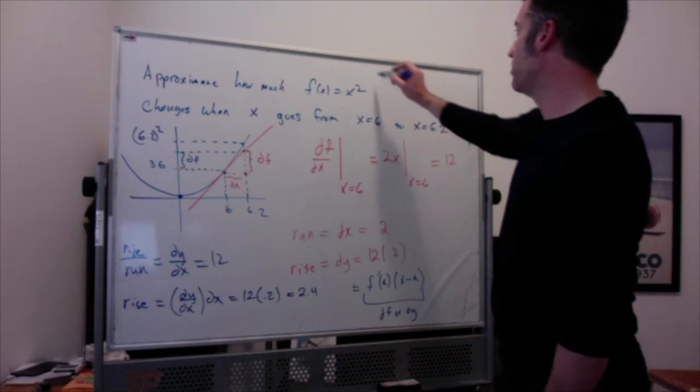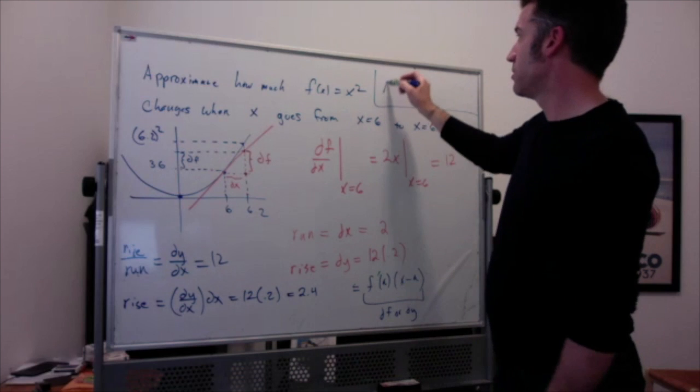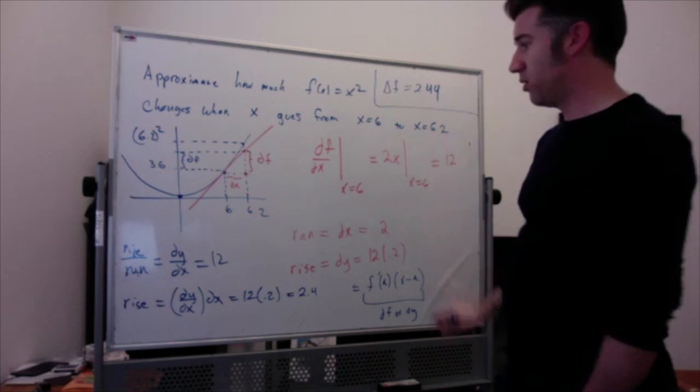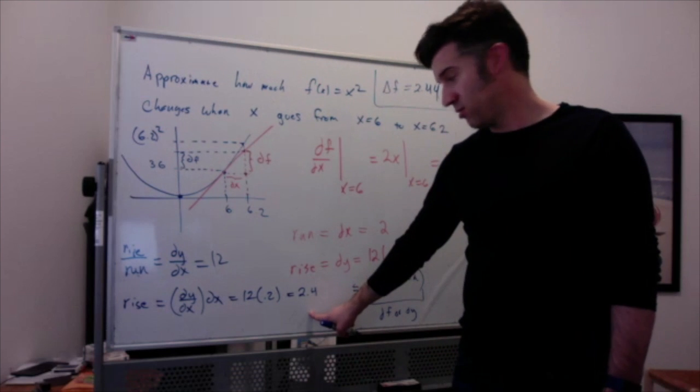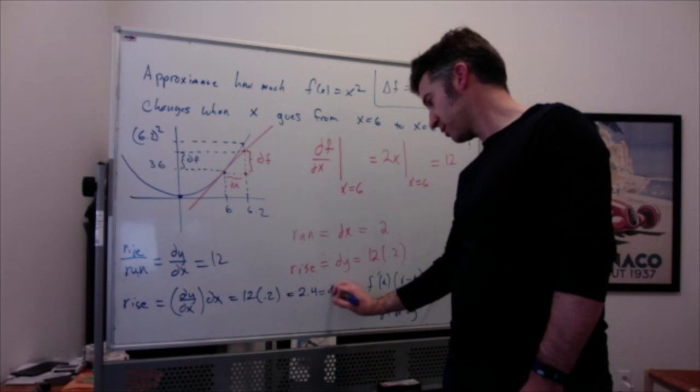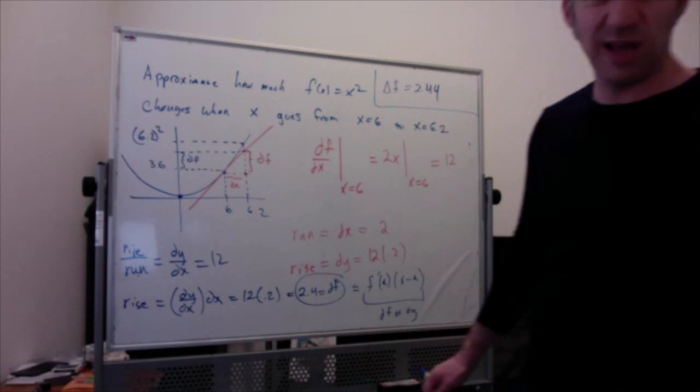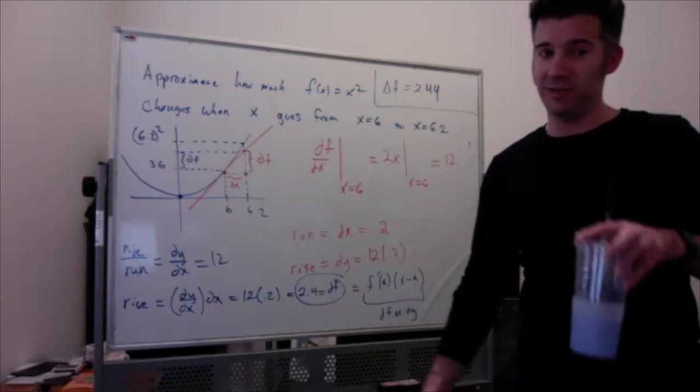So the actual difference, delta F, is 2.44. We approximated that with dF, the differential, which is 2.4. And they're pretty close. Good enough, depending on the situation, I guess.